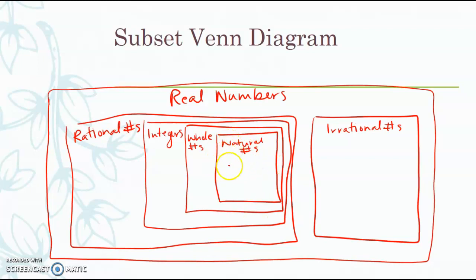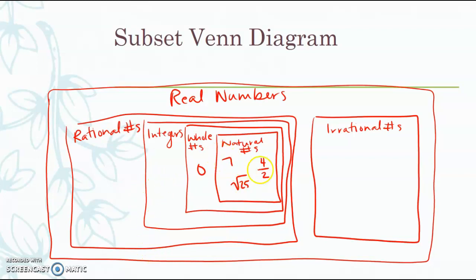So our natural numbers would be like the number 7 or 4 over 2, because what is 4 divided by 2? Well, it's 2. The square root of 25, because the square root of 25 is 5, which is a number that we count by. Our whole numbers, the only thing we add to the whole numbers is the number 0.